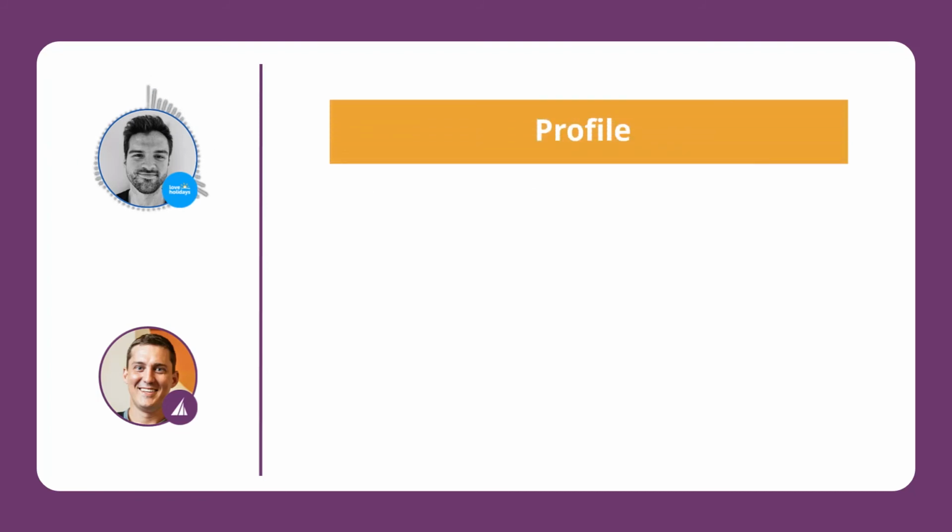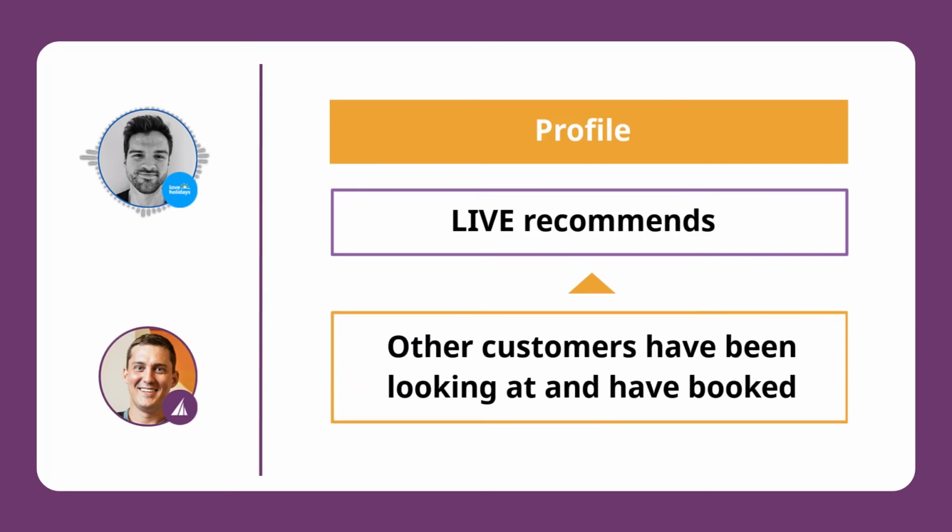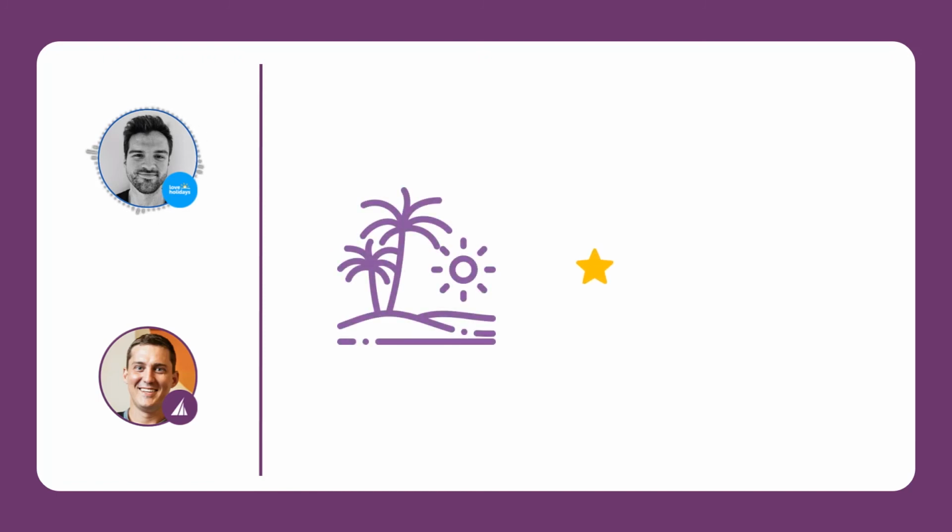We'll use the profile we've built up of you while you've been searching to live recommend some different hotels that other customers have been looking at and have booked, so that you don't get that dead-end feel of 'I can't find my perfect vacation.' Sure, here's a bunch of other options you can take a look at.